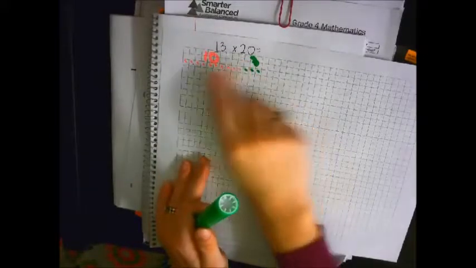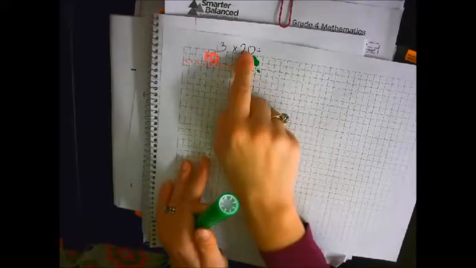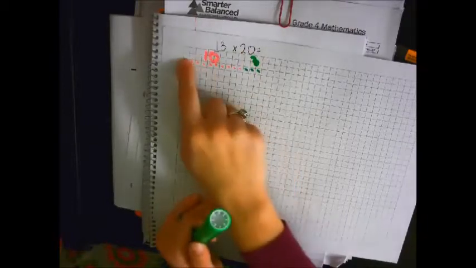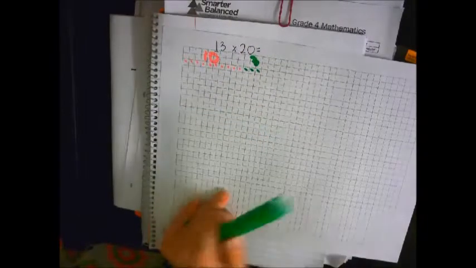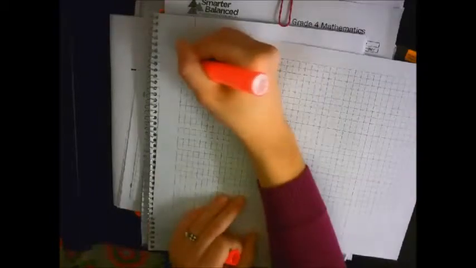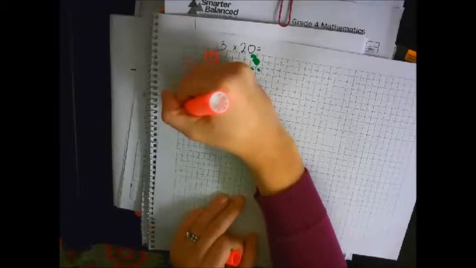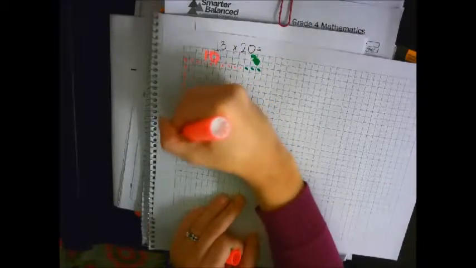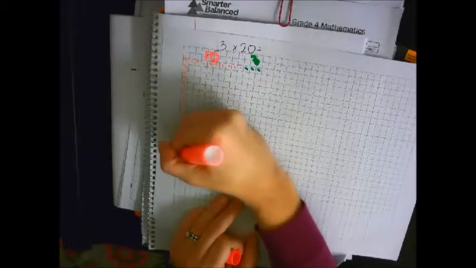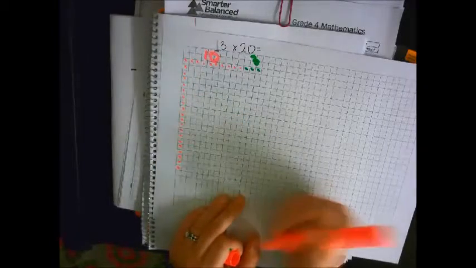Now, notice we have to multiply this number by 20. So I'm going to move down 20 boxes. 1, 2, 3, 4, 5, 6, 7, 8, 9, 10, 11, 12, 13, 14, 15, 16, 17, 18, 19, 20.